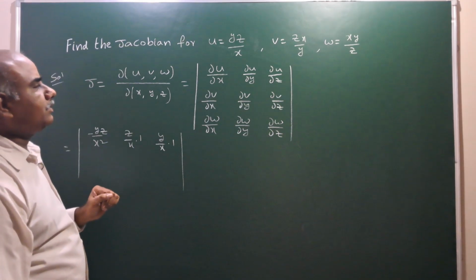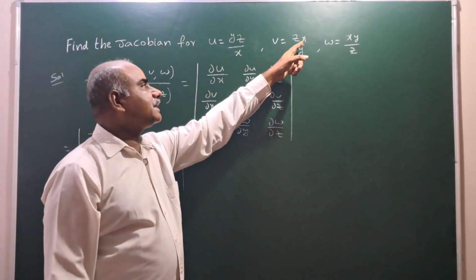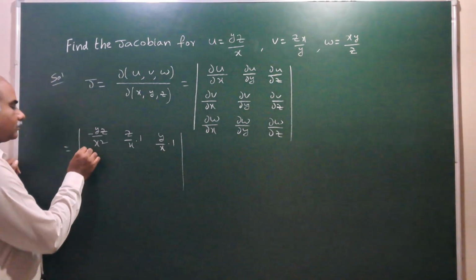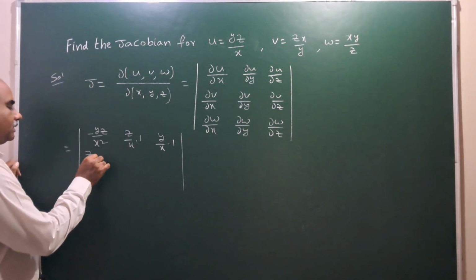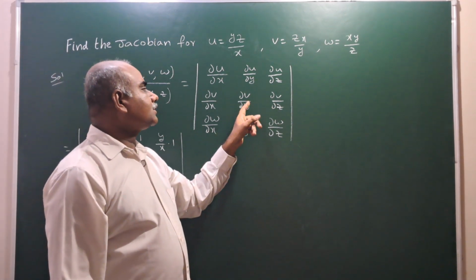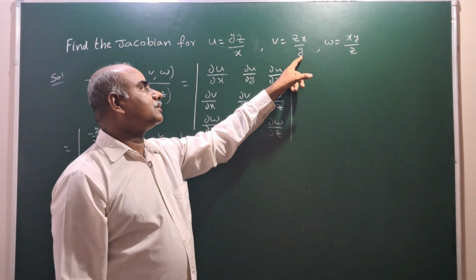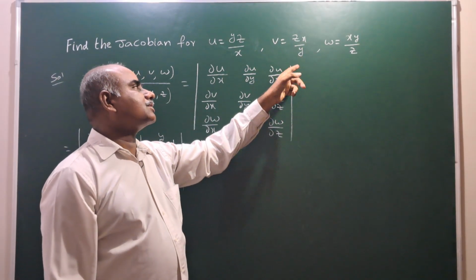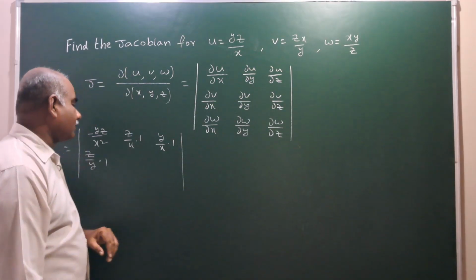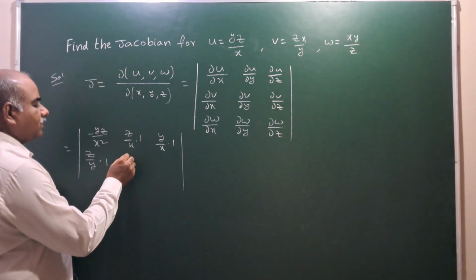Now ∂v/∂x. Here x is a numerator, so treat z by y as constant, and the derivative of x is 1. ∂v/∂y. In this case y is in the denominator, so treat zx as constant, and the function is 1 by y. What is the derivative of 1 by y?